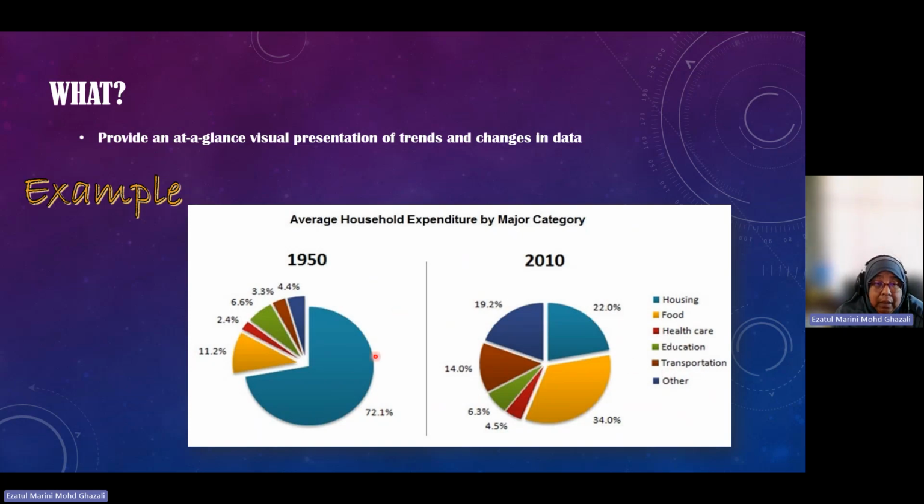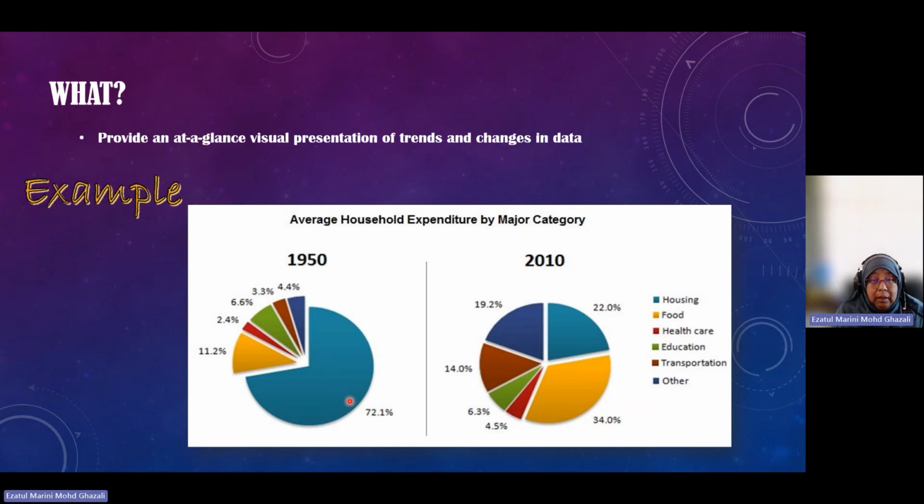If we look at the graphs provided, we can see that there are major differences in the trends and changes over time. When we compare 2010 to 1950, for example in the first graph, we can see that in 1950 the majority of the household expenditure was on housing.